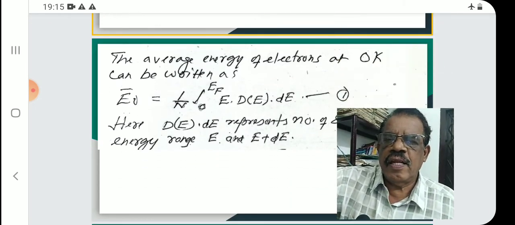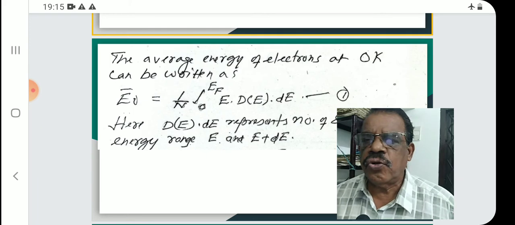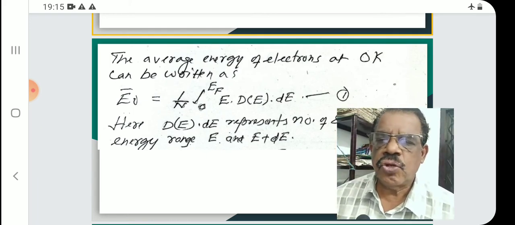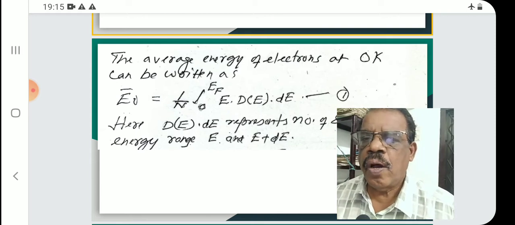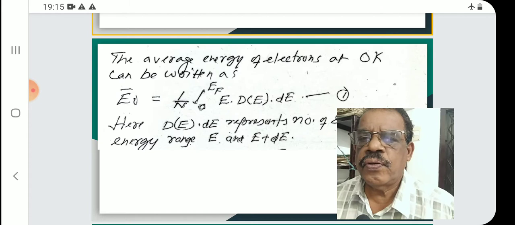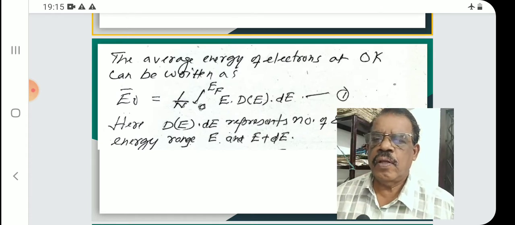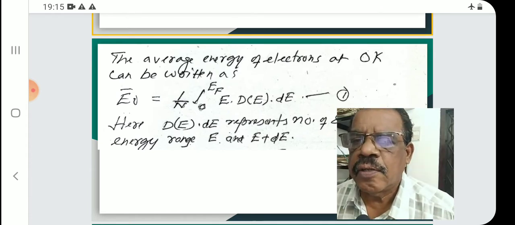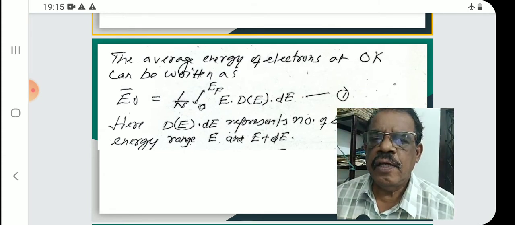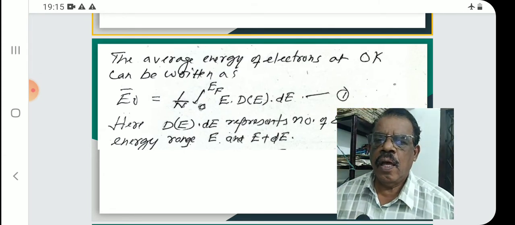The average energy of electrons at 0K is written as E0 bar. E0 bar is the integral from 0 to EF of E times the density of states g(E) dE.